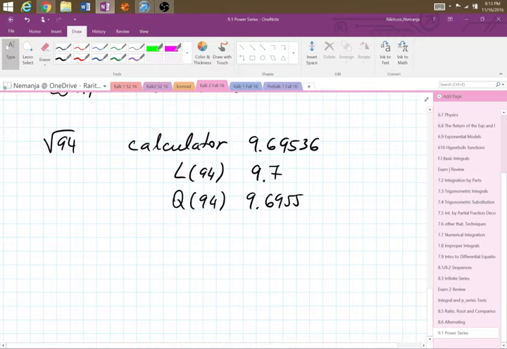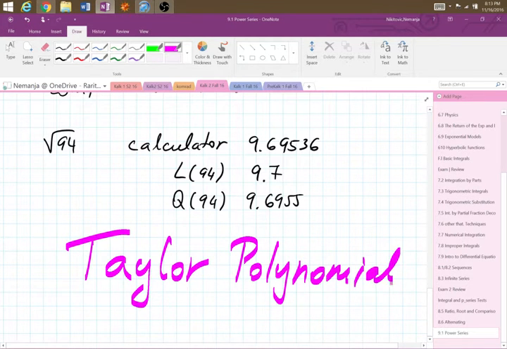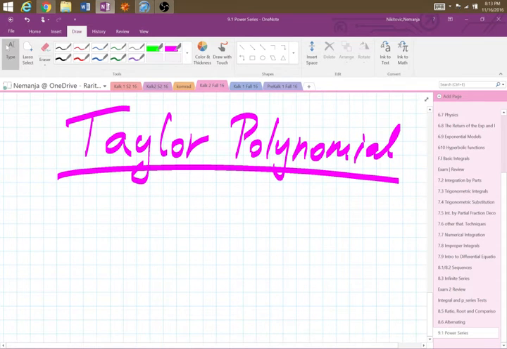So now we arrive at writing down the Taylor polynomial. And if you don't find this the coolest thing you've ever seen in your life, I just don't want to know you.